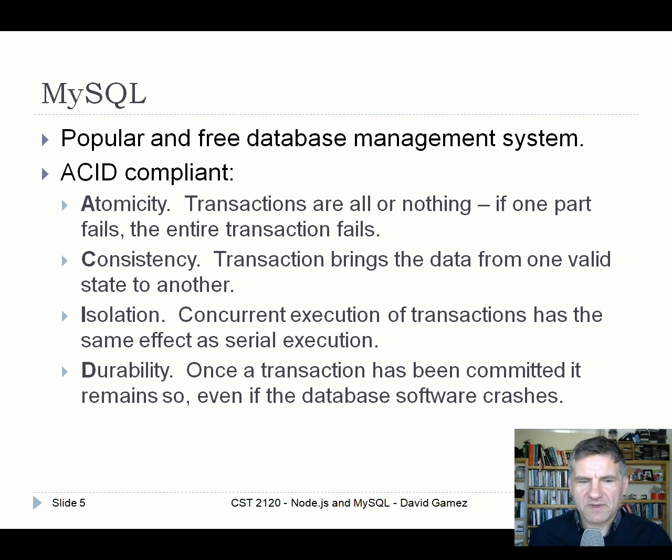Whereas MongoDB is not ACID compliant, MySQL and a lot of the related older databases are typically ACID compliant. That means they're atomic, so either the transaction happens or it doesn't. They're consistent, so one transaction brings the data from one valid state to another. They've got different tables with relationships between them, so it makes sure that all those relationships are consistent.